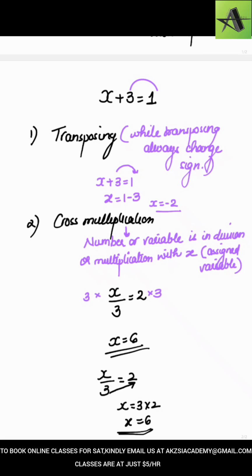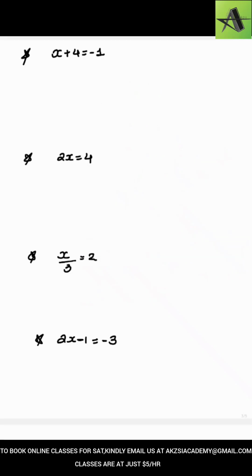So let me solve some linear equations to get an idea. I'm starting with some simple linear equations, which is here x plus 4 equals negative 1. As I told you, when a variable is separated by a number or another variable with a plus or minus operator, we have to do transposition.